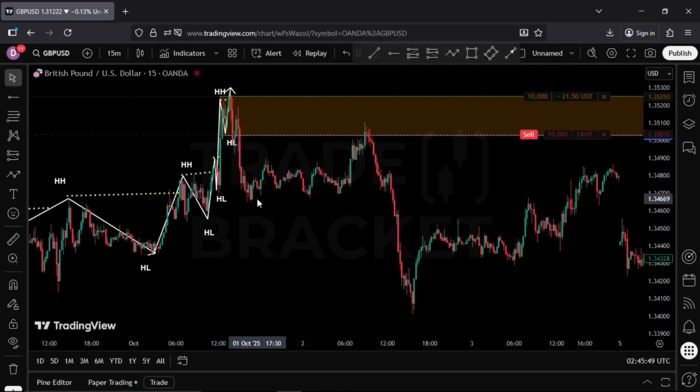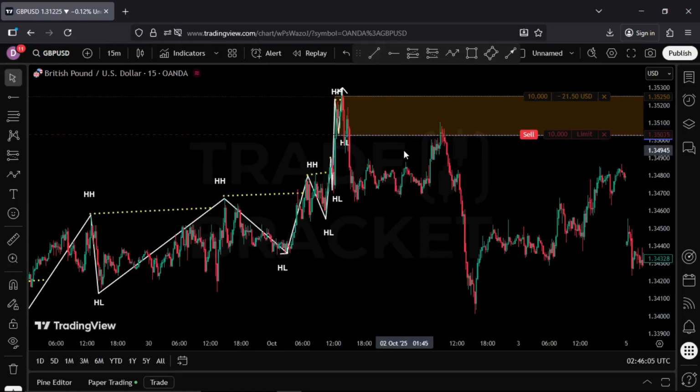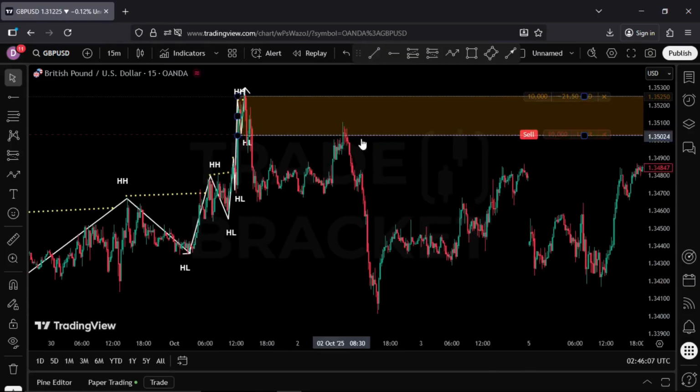So you won't be drawing your alert now, because we're already past that level of alerts, because we already got the break of the last higher low. So you just go ahead and draw your trade bracket and then measure this trade. Is it worth it? If it's worth it, then you go ahead and place your pending order.